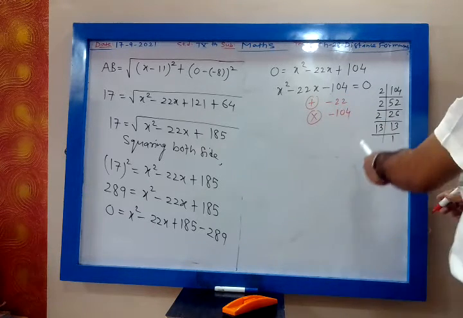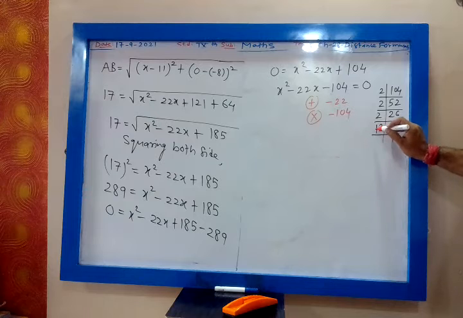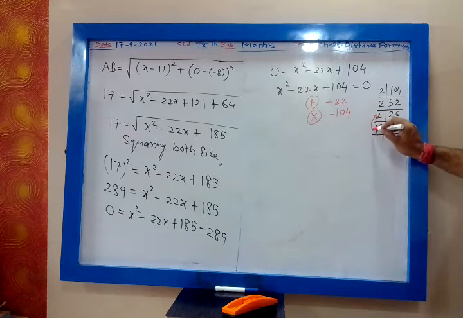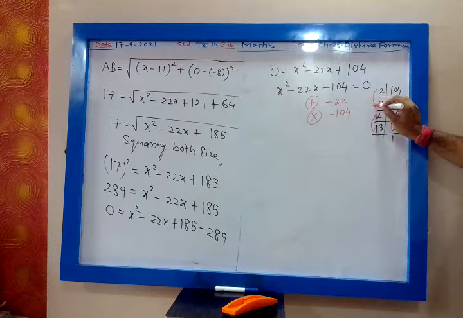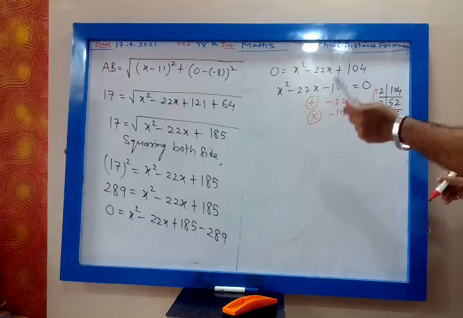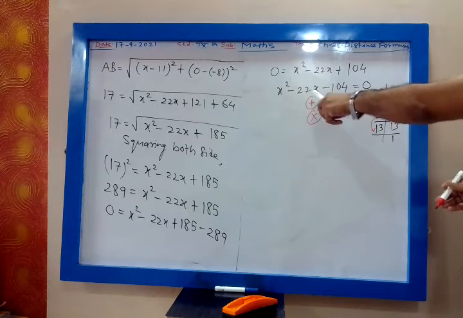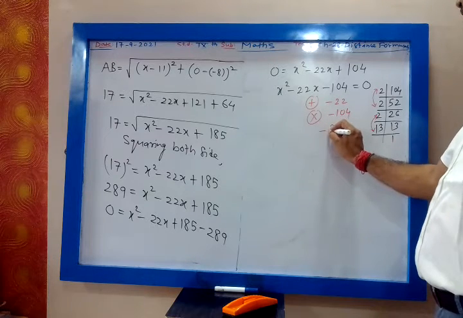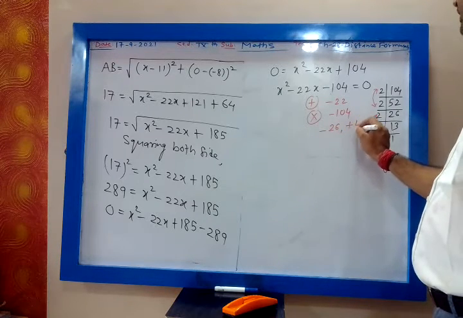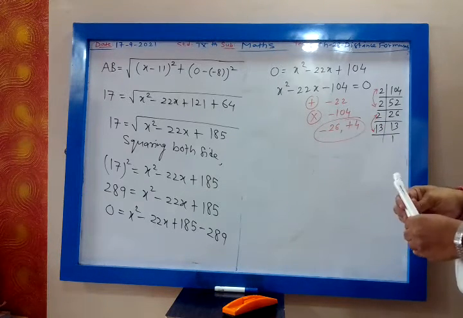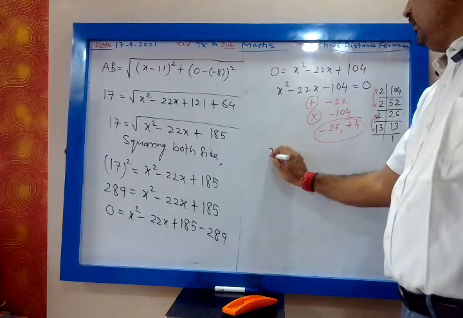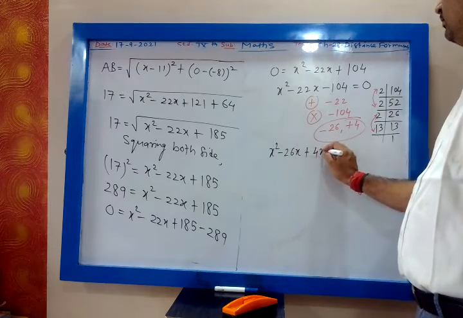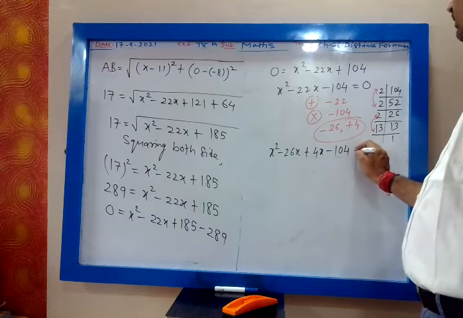So you can make out this: 13 2s are 26 and 2 2s are 4. The difference of 26 and 4 is 22, so I can take minus 26 and plus 4. So x square minus 26x plus 4x minus 104 is equal to 0.